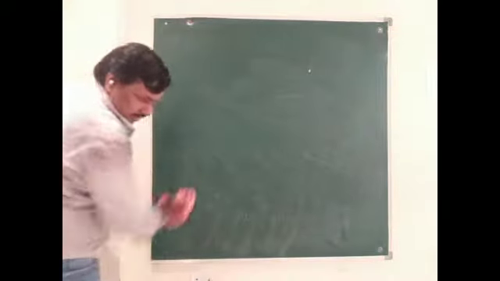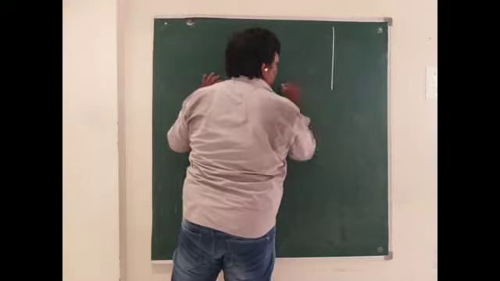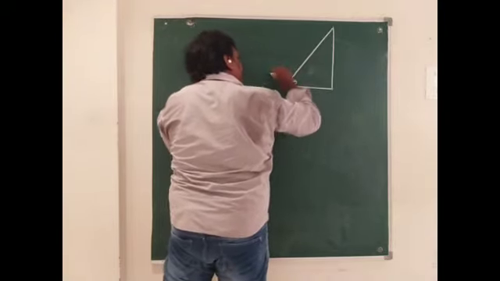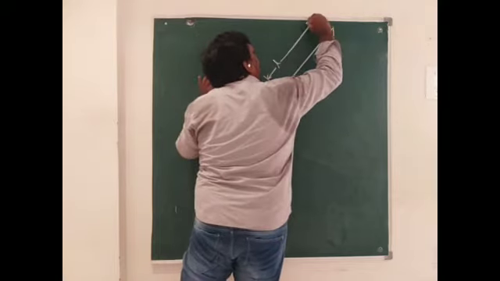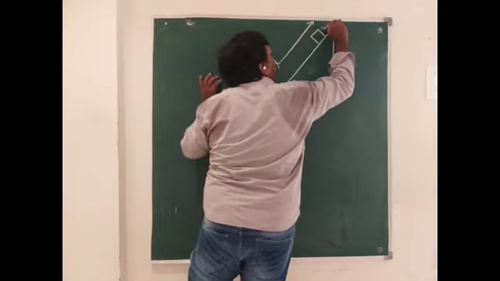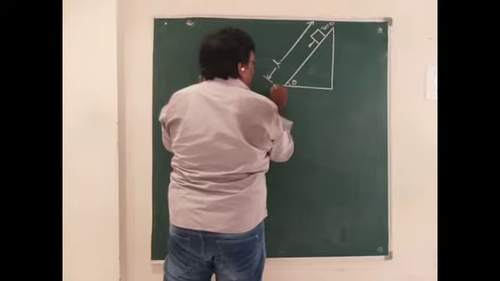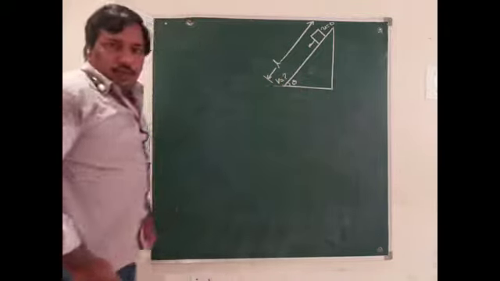This diagram is similar to this, so this is the inclined plane. Here this is the length of the inclined plane. When a block is arranged in rest position, now we find the final velocity of the block.